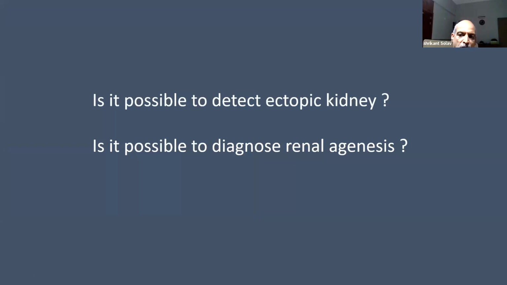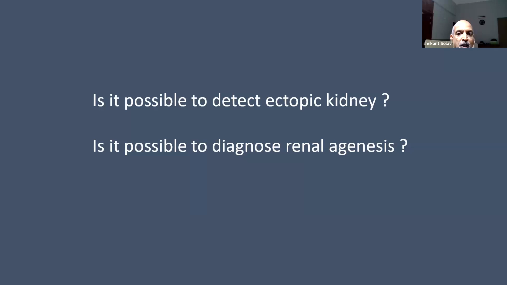So is it possible to detect an ectopic kidney or is it possible to detect renal agenesis? Well, if the kidney is placed somewhere in the pelvis and the bowel air prevents the sonologist from defining the kidney, and if the kidney shows preserved function, then either a DTPA or DMSA renal scan will very objectively be able to tell whether the patient has a functioning ectopic kidney or not.